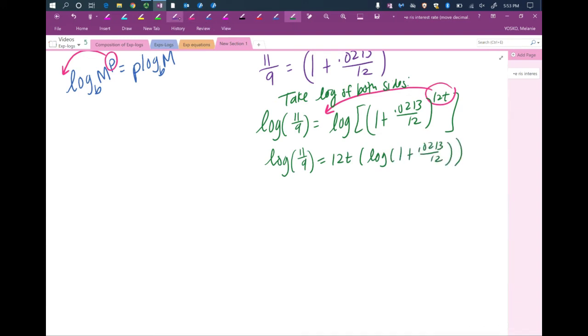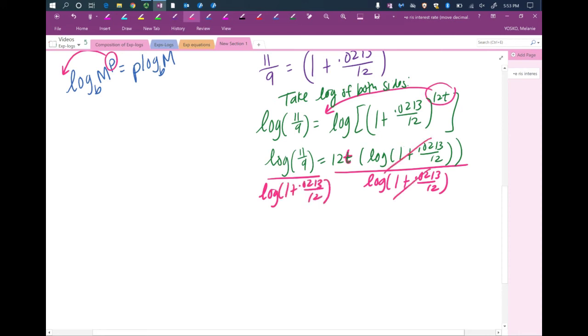Okay, I'm solving for t, right? So this t right here is what I would like to get all by itself. So I'm dividing by the numbers that are multiplied here. So I'm going to divide first by this log of (1 plus 0.0213 over 12). You may not like it, but that is just a number. Okay, so when I do that, this is going to cancel. And then I will have 12t on this side. So we'll have log of 11 over 9 divided by log of (1 plus 0.0213 over 12).